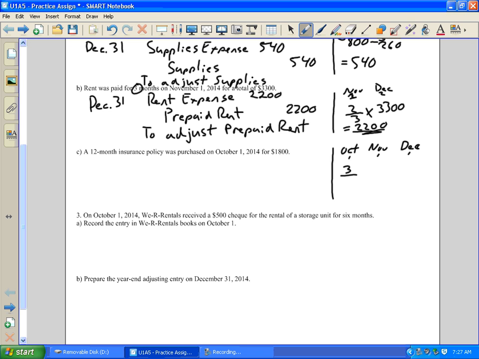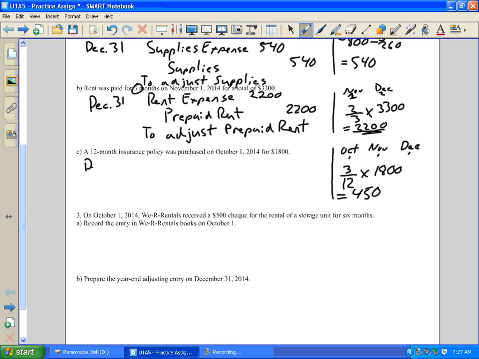So we take the 3 and divide it by the 12 months, and multiply that by $1,800, which is what the full insurance policy was. That gives us a grand total of $450. That's what's been used up so far.